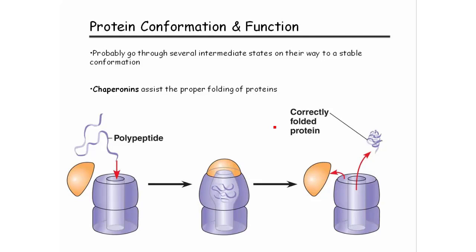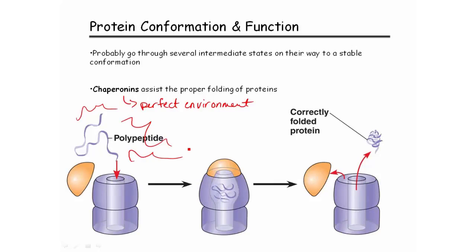So in this case, at first it may seem like there's nothing special about the inside of this chaperonin that now suddenly that little protein can fold up inside. However, what the chaperonin is able to provide is the perfect environment. Now that may be different for different proteins. But notice that out here in the cytoplasm, there may be other proteins that are trying to fold.